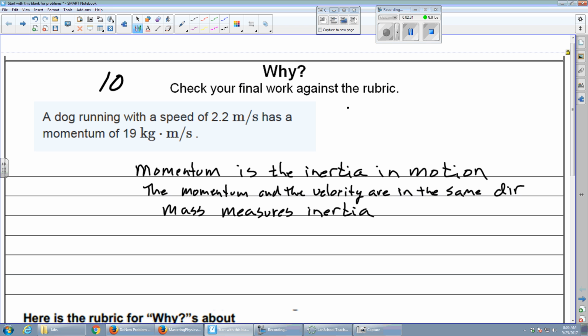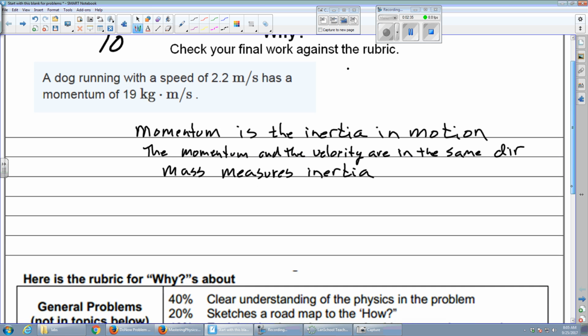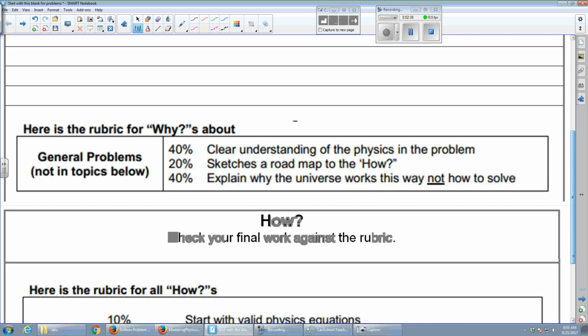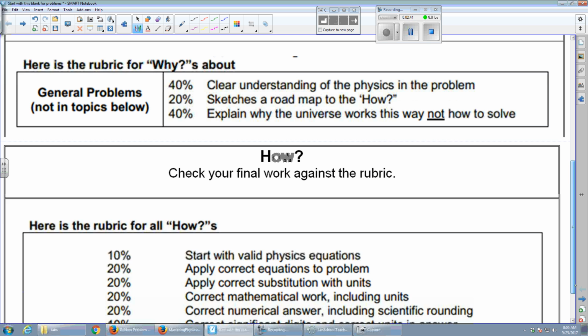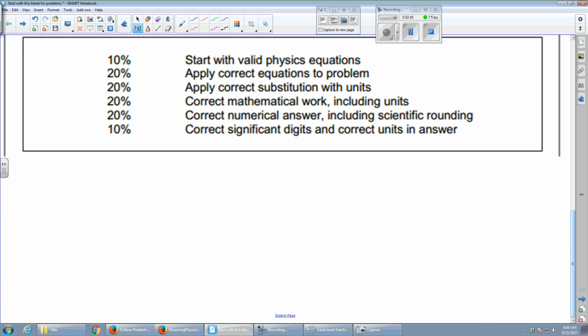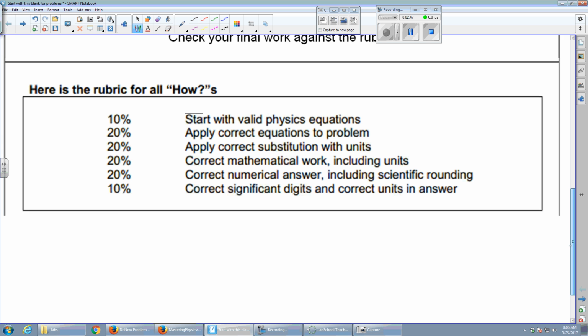So I might leave off that last line. There's my rubric. I think I hit all the points of it. And now I'm going to do my how, and there's my rubric for my how.